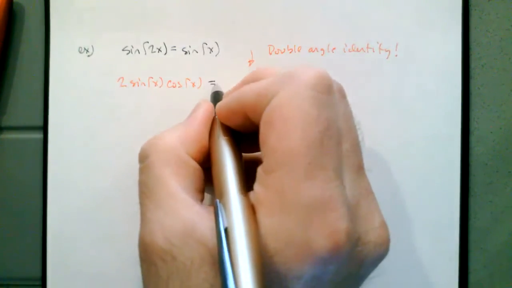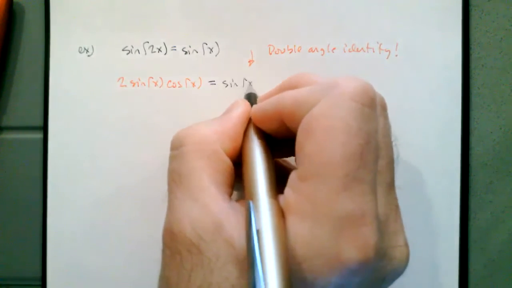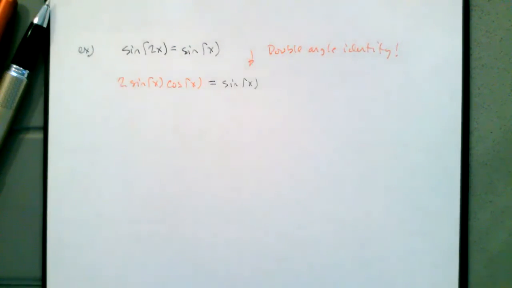And this is equal to sine x. Now, at this point, we come to the point of this problem. Right now, we see a factor of sine x on the left, and we see a factor of sine x on the right, and we're going to be super tempted to divide by sine of x. Because if 5x equals 10, we divide both sides by 5.